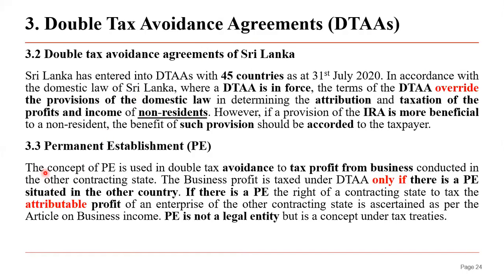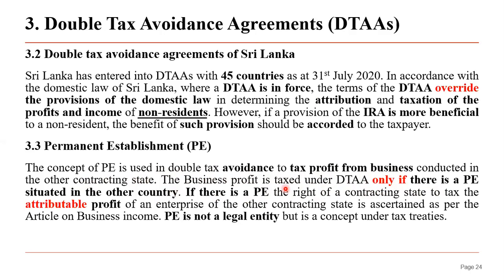The concept of PE, PE short for permanent establishment, is used in double tax avoidance to tax profit from a business conducted in another contracting state. It is basically said that business profit is taxed under DTAs only if there is a PE situated in the other country. That is the important part.